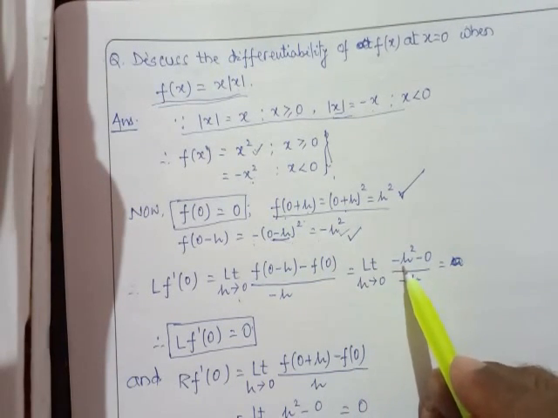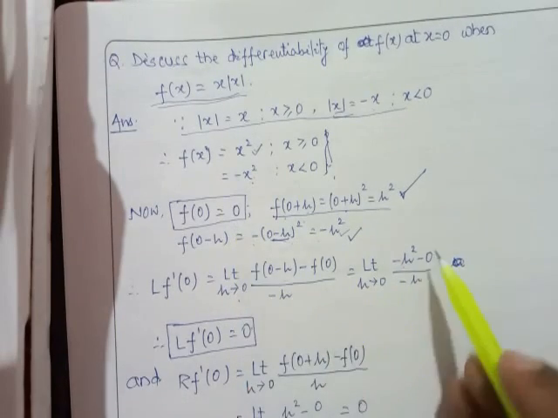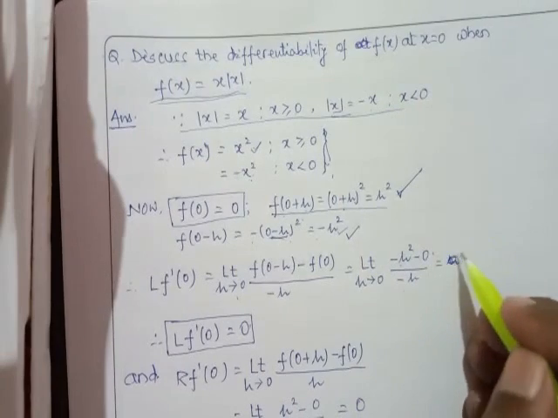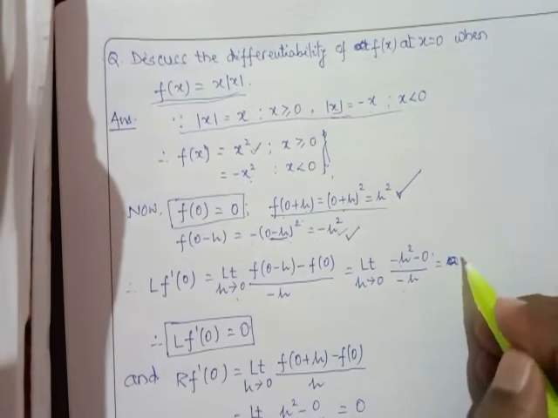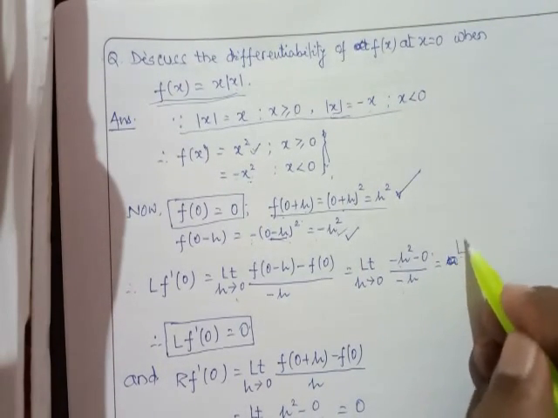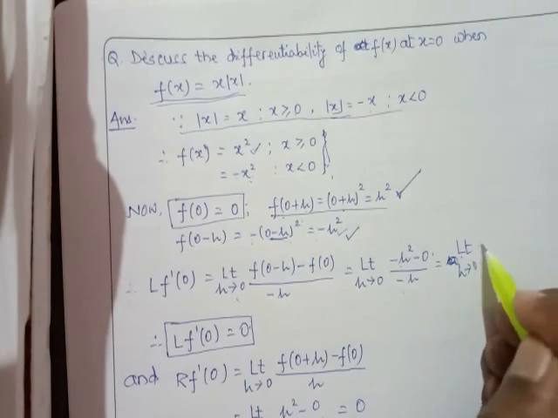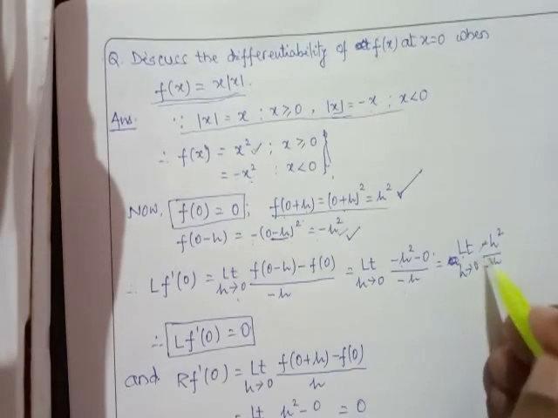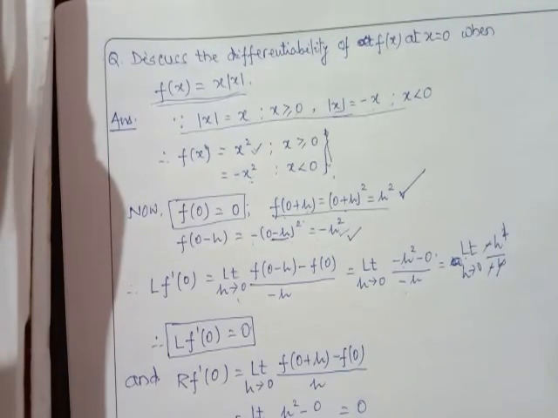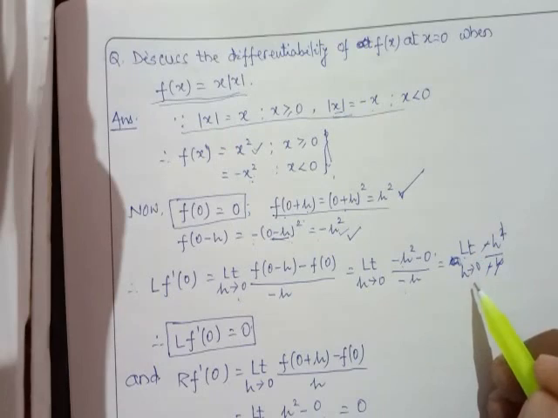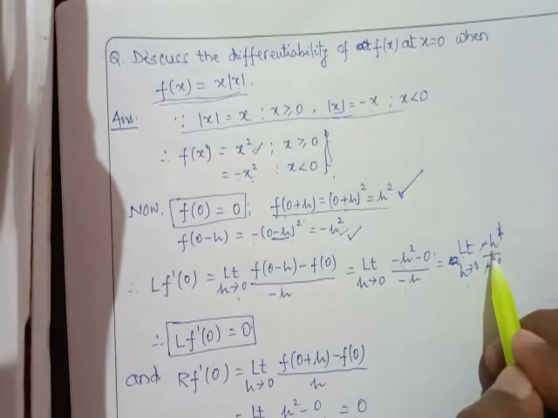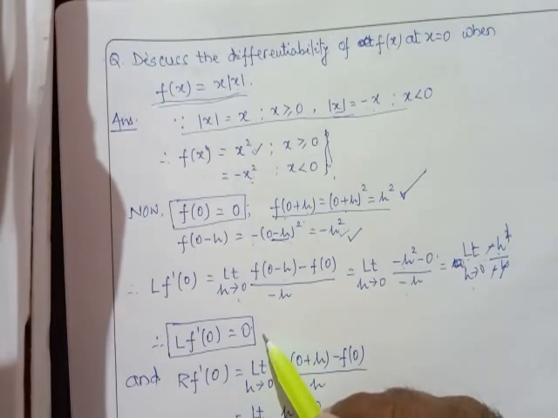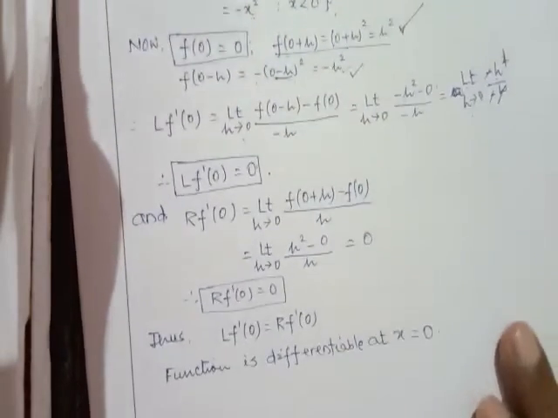Write down here minus h square. f(0) is 0, so it is 0 upon minus h. Simplify this. So how much do we get? Limit h tending to 0, minus h square upon minus h. Minus should cancel and one h should cancel. How much is left? Limit h tending to 0 of h, which is 0. Hence the value of left hand derivative is 0.